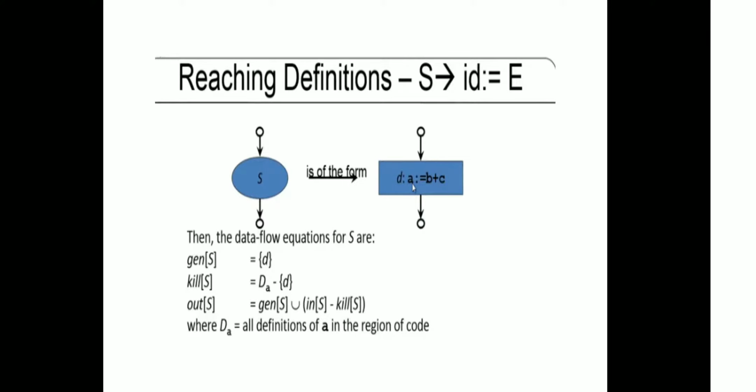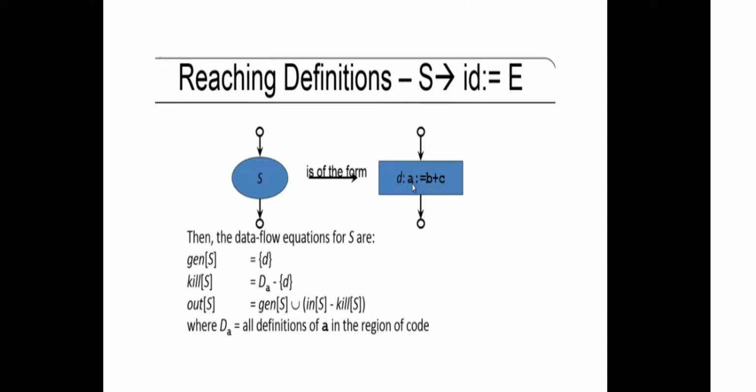Now a statement can be identifier equals to expression. So this is a particular statement given over here, and we need to identify the reaching definitions at these points. So the statement is of the form A equals to expression, for example A equals B plus C. So the data flow equation of this particular statement, let's take this as an example.